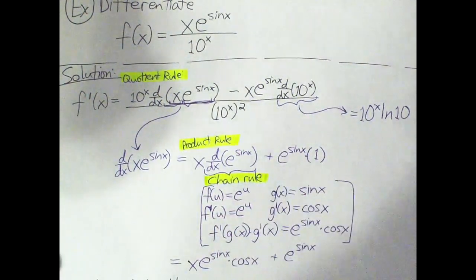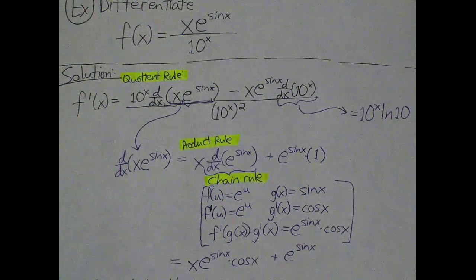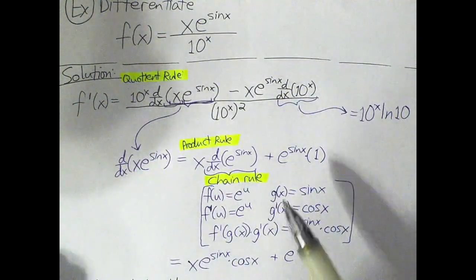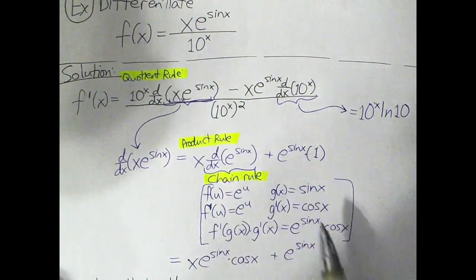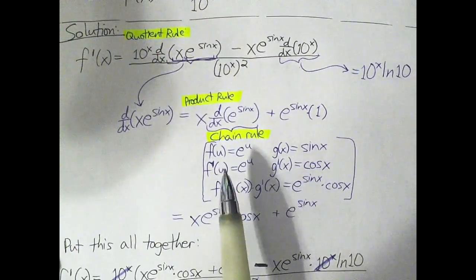So you could get problems like this that use multiple rules. Earlier today, we saw a problem that used the chain rule twice. And I think in a previous lesson, we saw a problem that used the product rule twice. So all different combinations of rules could get used depending on the problem. The chain rule was kind of the new part for us today.